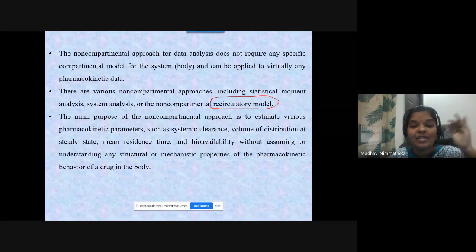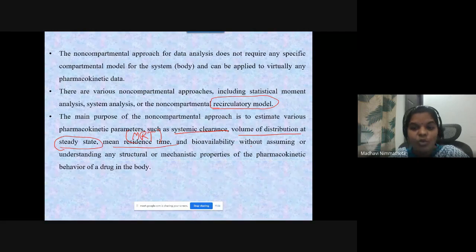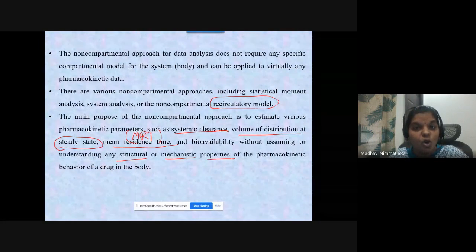In the same manner, here we are going to estimate the systemic clearance of the drug, the volume of distribution at steady state, the mean residence time, that is MRT, and the bioavailability, without assuming or understanding any structural or mechanistic properties of the drug.